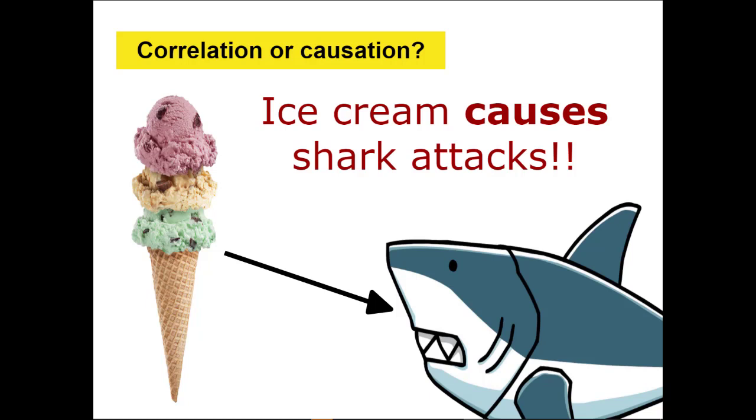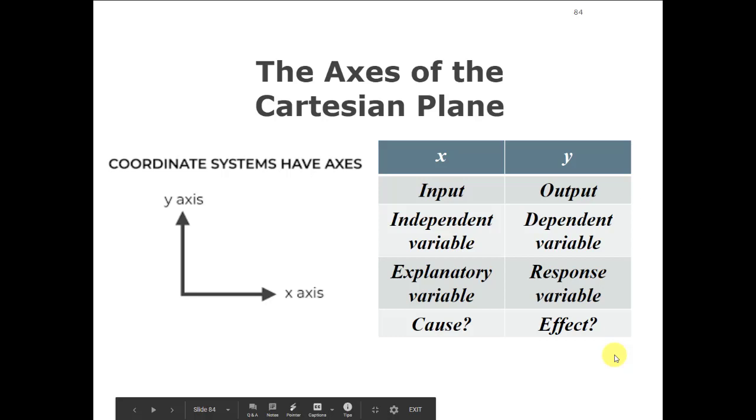However, when there is a correlation, you cannot automatically assume that what's happening on your independent variable is automatically affecting your dependent variable. Let's do a quick review of what we've learned about the axes of the Cartesian plane and where we plot certain variables. So here we have the coordinate system, right? The horizontal axis is the x-axis and the y-axis is the vertical axis.